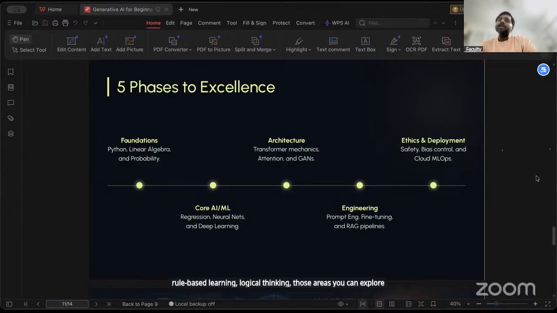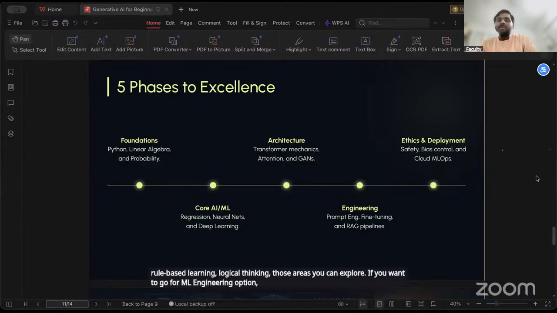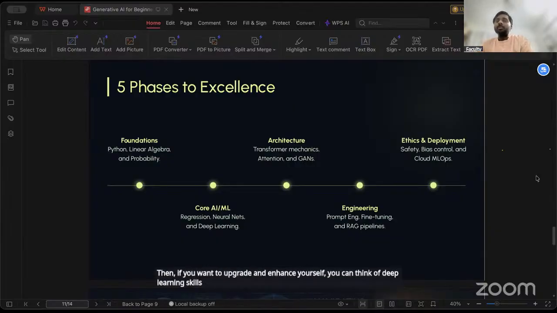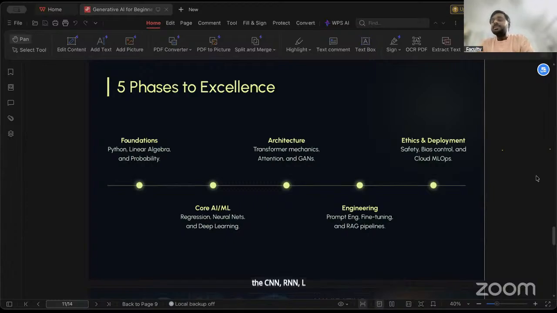If you want to go for the ML engineering option, you can go for classification, regression, reinforcement. Those options are there with you. Then if you want to upgrade and enhance yourself, you can think of deep learning skills. You can explore CNN, RNN, LSTM. These algorithms can give you better knowledge, once the core AIML concepts are clear with you.